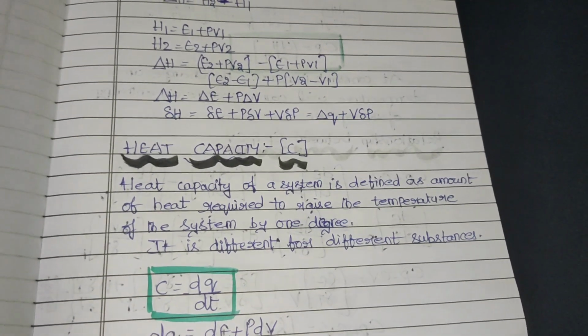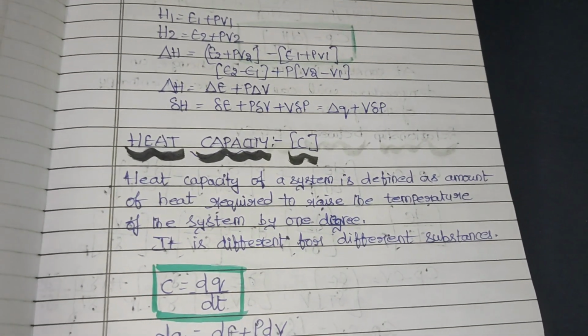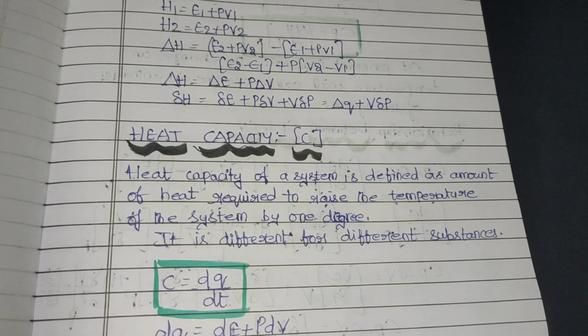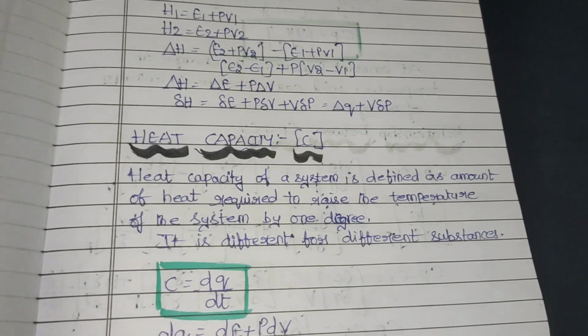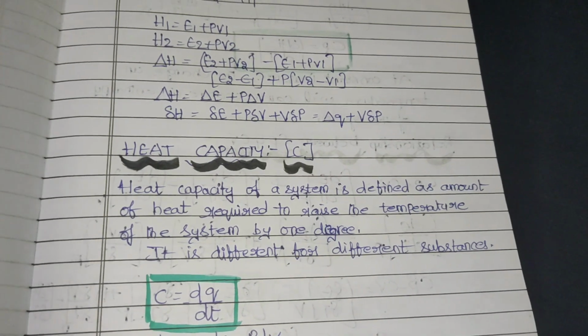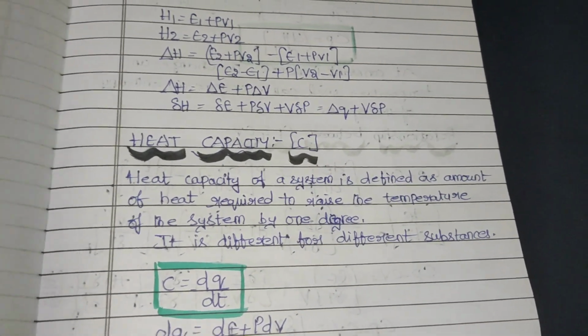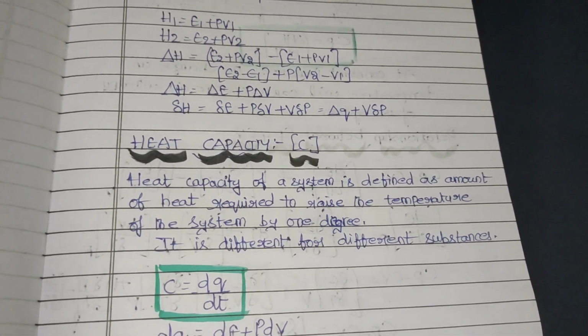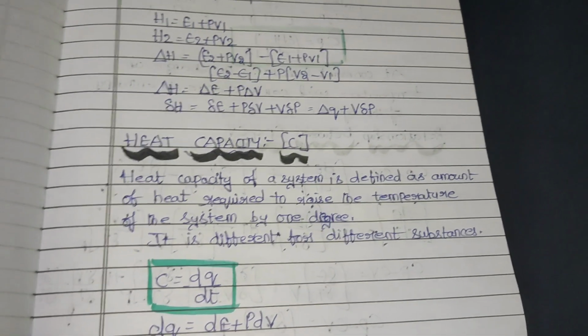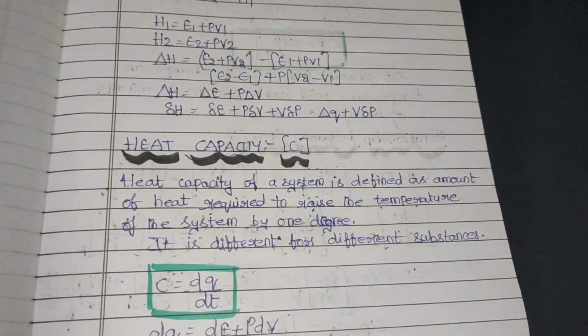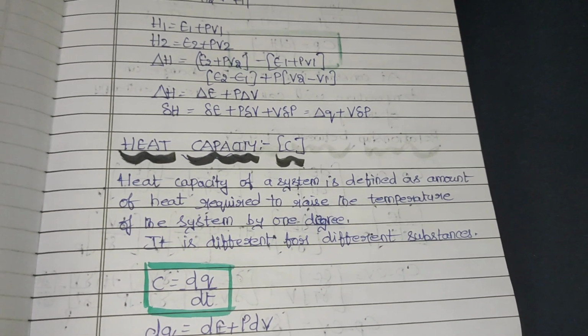For example, when the sun is falling near a beach, the water is also getting heat and the sand is also getting heat. If we think of water and the land as two systems, which will get heated faster? Obviously sand rather than water. So the heat capacity of these two is different.